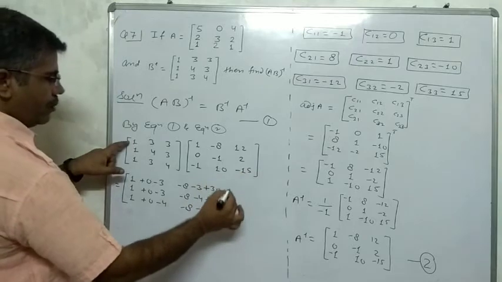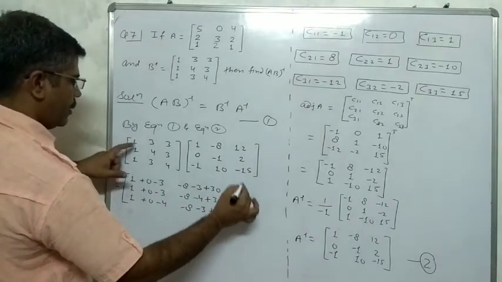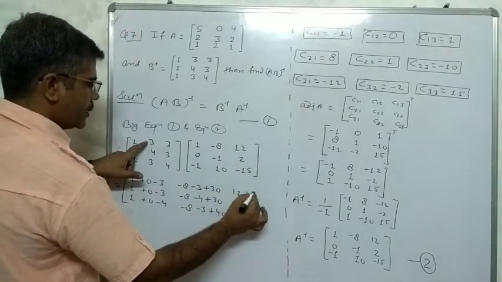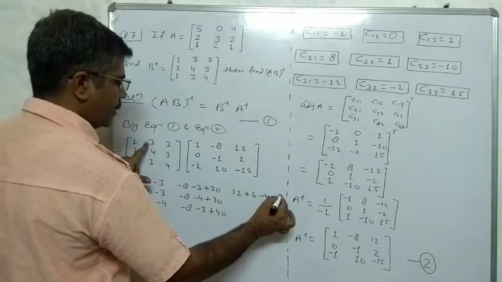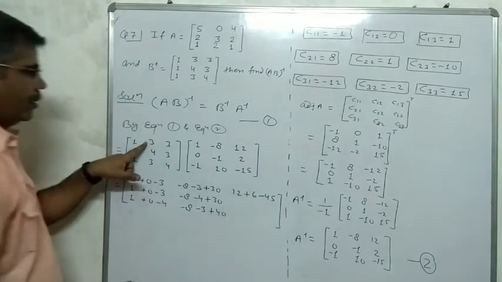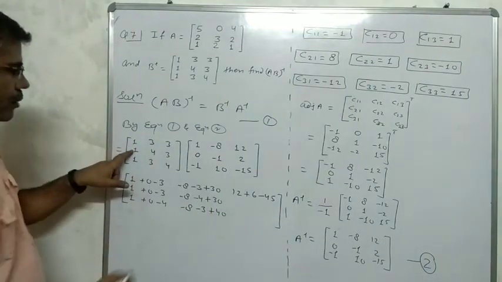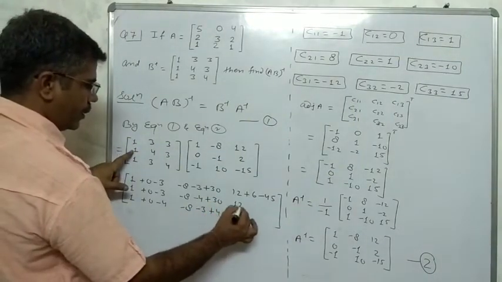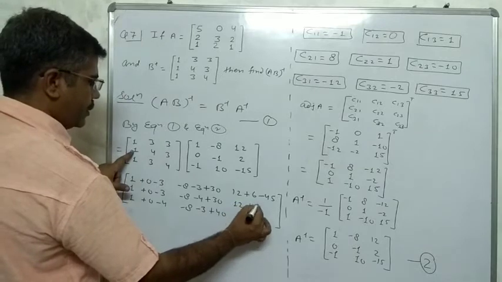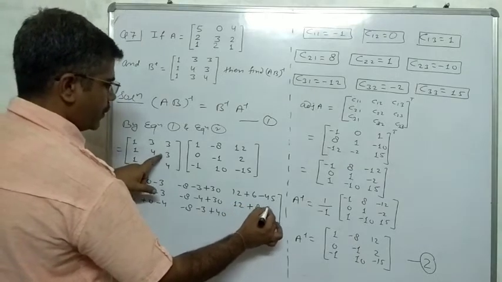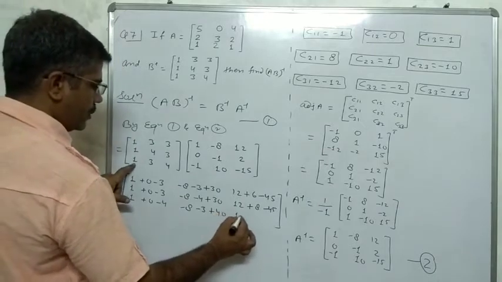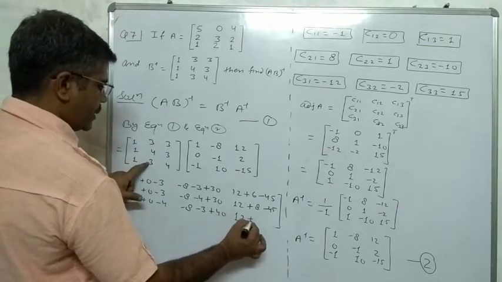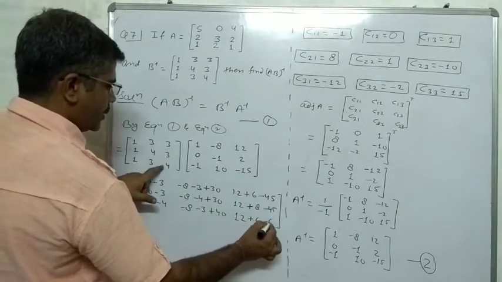Next column: 12, 6, minus 45; 12, 8, minus 45; 12, 6, minus 60.